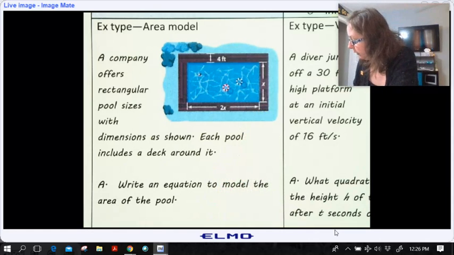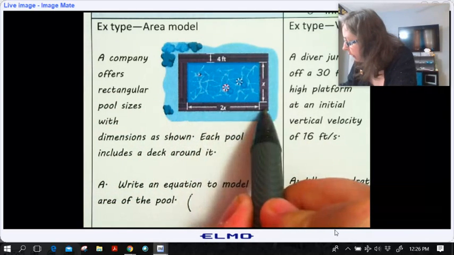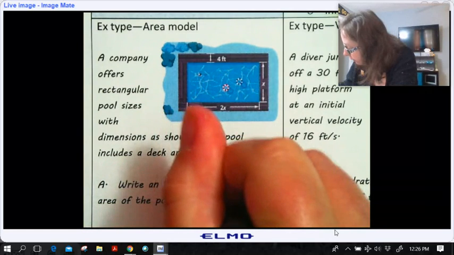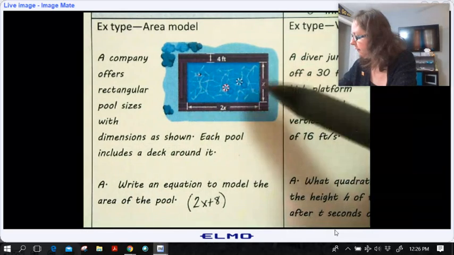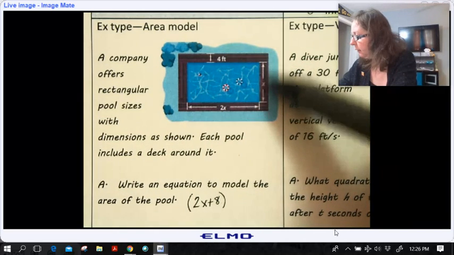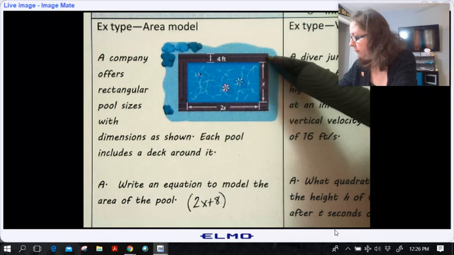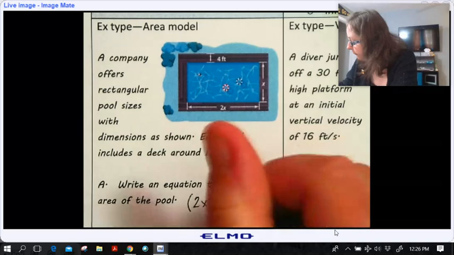So what that's going to look like is 2x plus the 8 on the outsides. And then the width is x, and then you have to add the 4 and the 4 to the outsides of those.